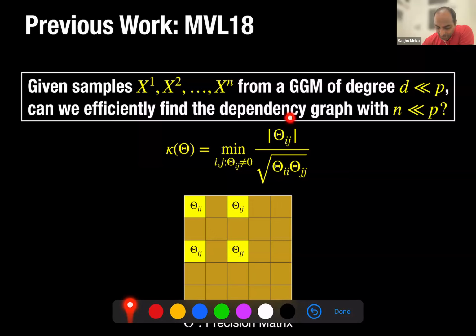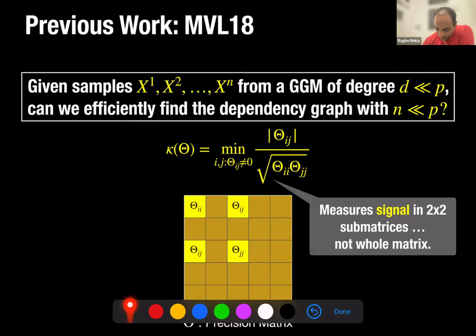So it's the absolute value of theta ij divided by the square root of theta ii times theta jj. That's called the pairwise correlation, or the kappa parameter of the precision matrix. It measures the signal in 2x2 submatrices. You're not looking at the whole matrix, just how significant the correlation is along this single edge.